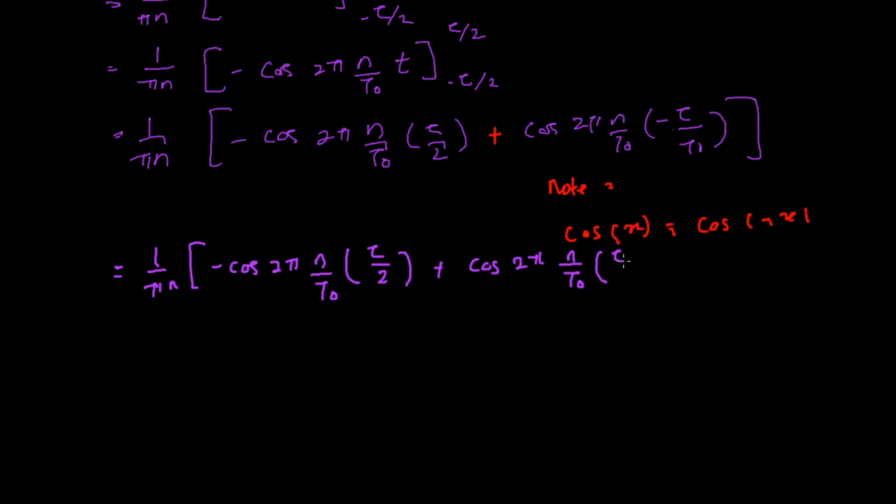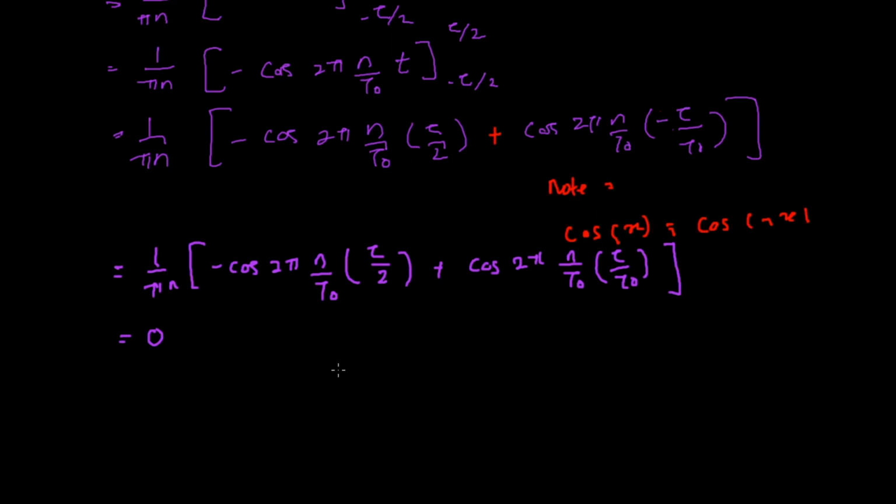Close bracket. You notice this entire thing becomes similar, so we're going to cancel this off, which produces 0 over here. Hence the entire bn is going to be 0.